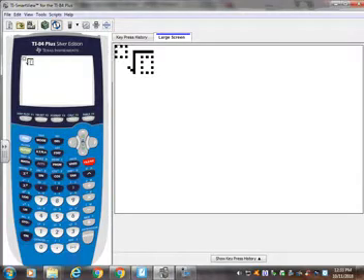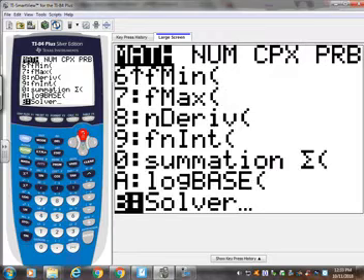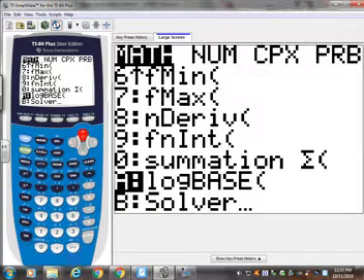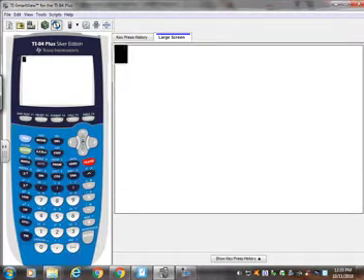For the rest of you who have the 84, it's hidden under the Math menu, and if you go up twice, you'll see it says Log Base. Let me get rid of that square root symbol that was left on the screen that I didn't realize was there.